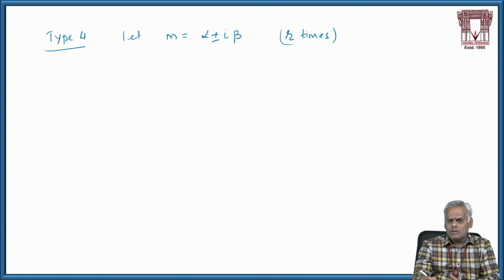So the total number of complex roots is 2r, and with respect to each independent solution, we must consider one arbitrary constant.